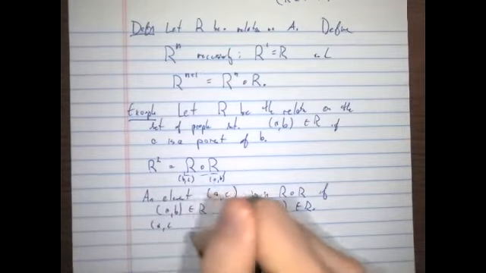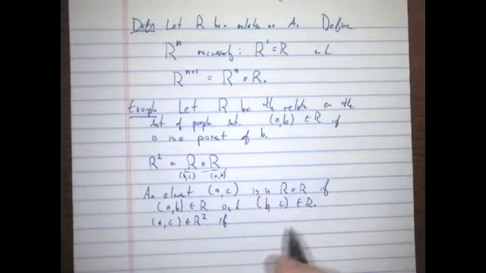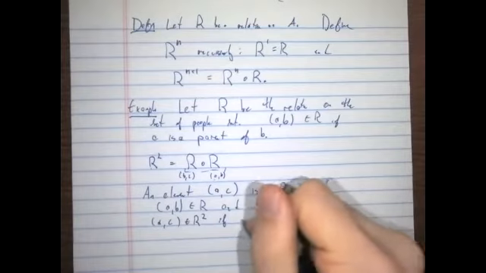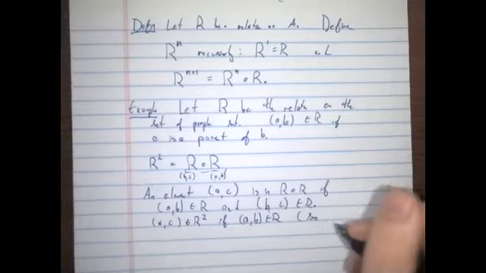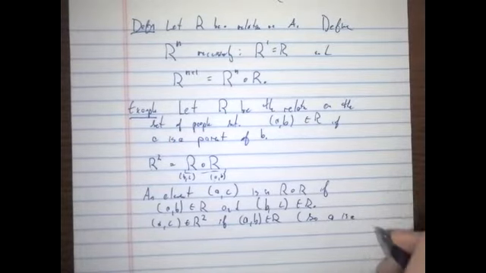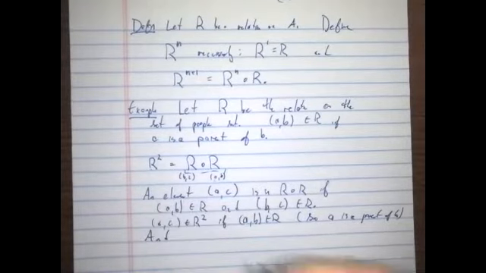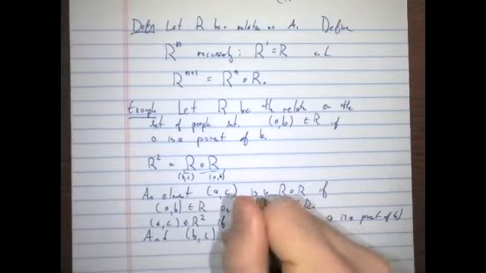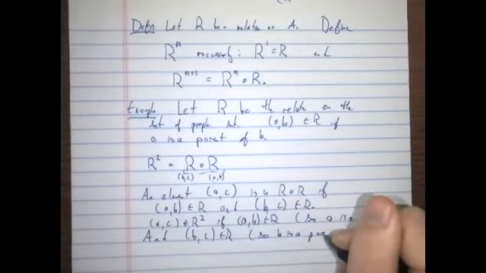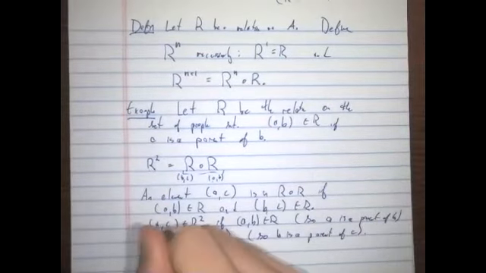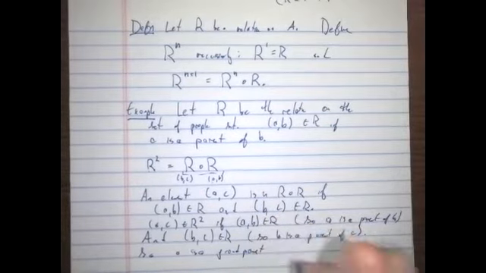A comma C is inside R squared if, first of all, A comma B is in R, so A is a parent of B, and B comma C is in R, so B is a parent of C. So A is a grandparent of C.